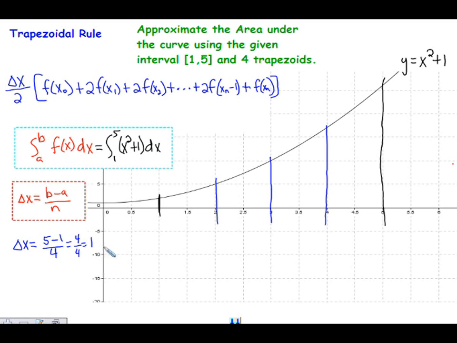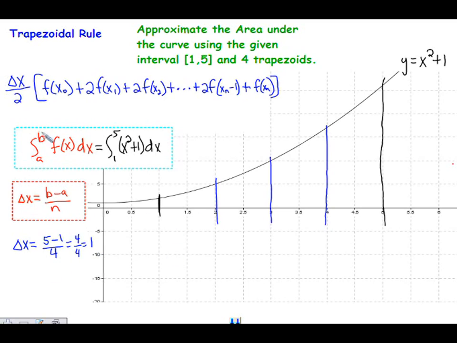But we need to make sure, because we could have done 2 trapezoids, which would make it a lesser approximation. So we want to try to get the closest approximation. So we want to make this delta x 1 or even smaller than that. But a lot of times it is 1. So in this case it is 1.